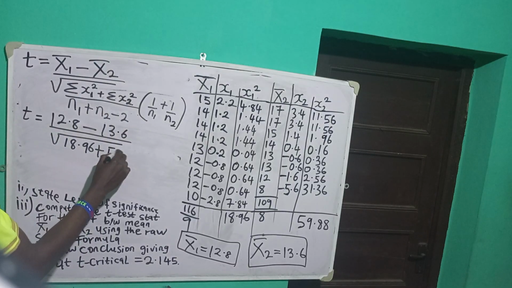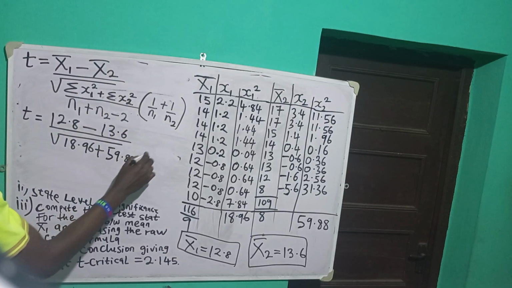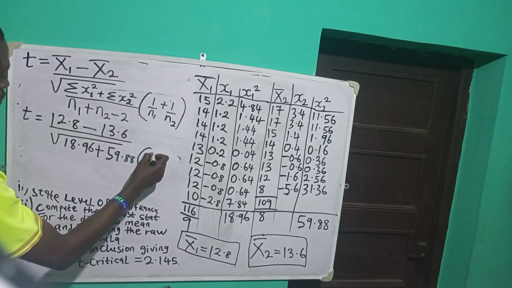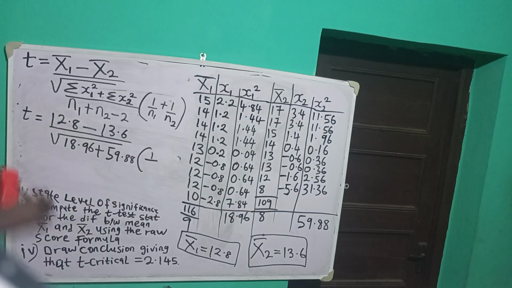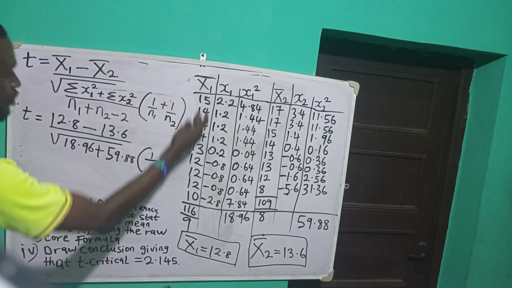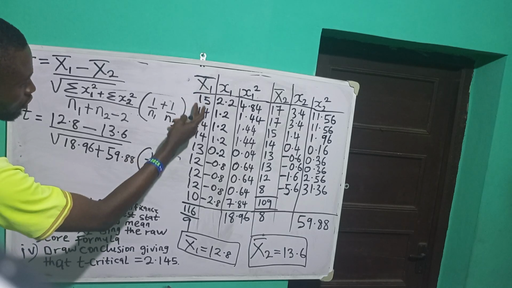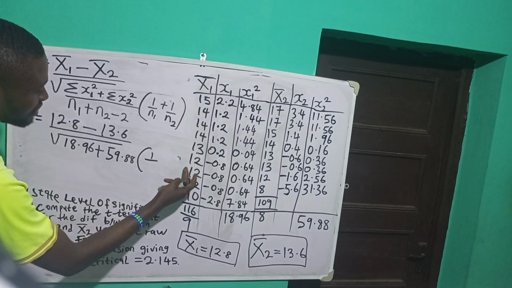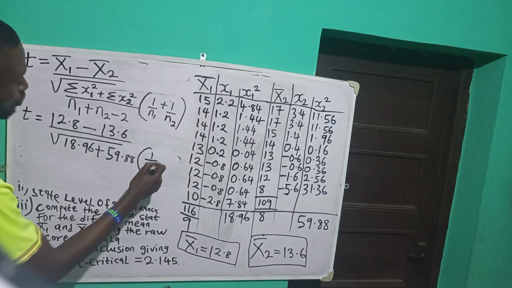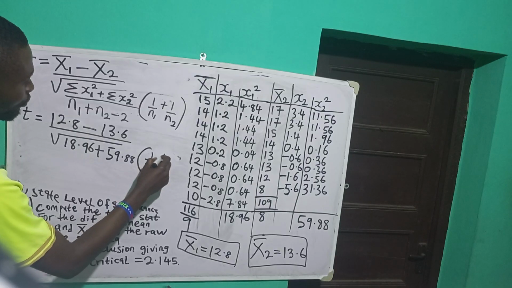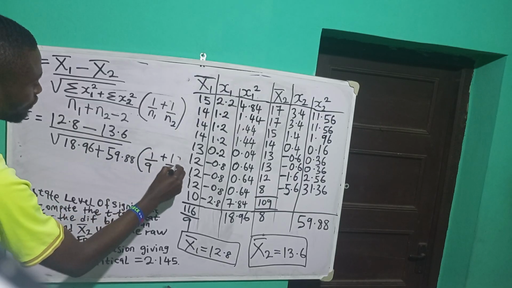So it is 59.88 bracket 1 over n1. N1 is the number of scores in mean 1. How many scores do we have here? 1, 2, 3, 4, 5, 6, 7, 8, 9, which is 9. So 1 over 9 plus 1 over n2.